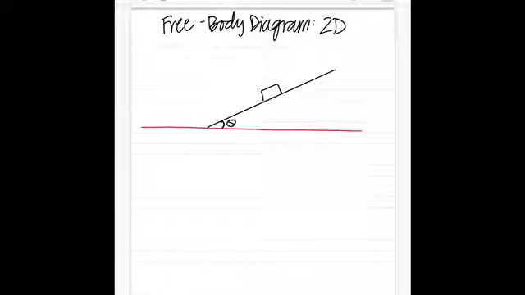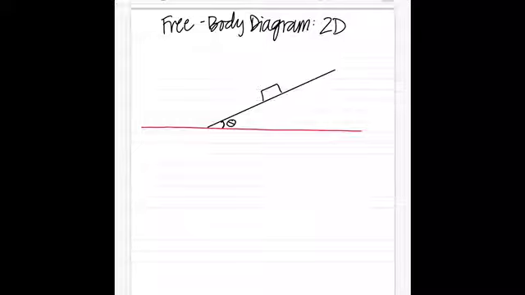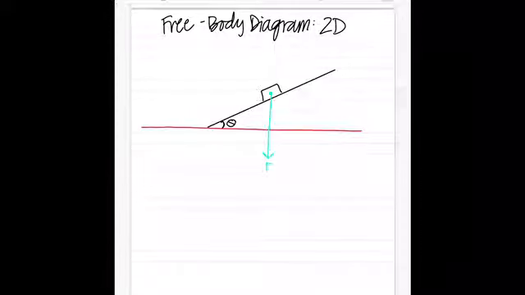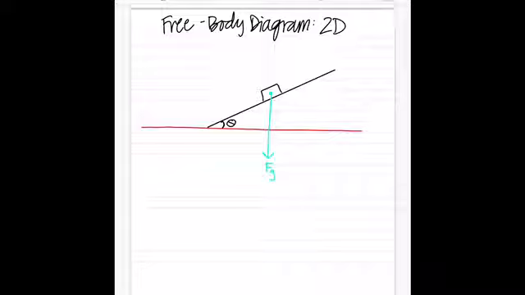Now, I'm going to do this in this blue color. Everything has gravity acting on it always. It doesn't matter if it's on a hill, if it's flat, if it's on the earth, it's got gravity acting on it. So I'm going to put a dot in the center of this box, and then go straight down for gravity, and label that Fg.